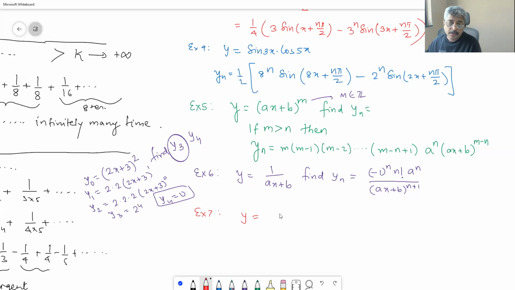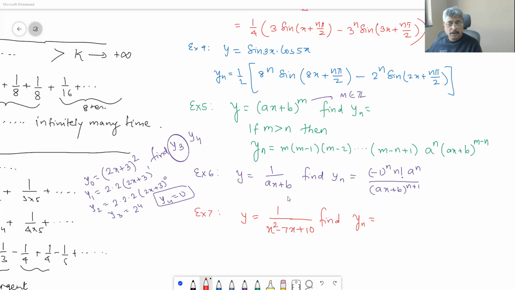Example 7. y is equal to 1 upon x square minus 7x plus 10. Find yn. Convert the given problem into a problem whose solution is known to us.